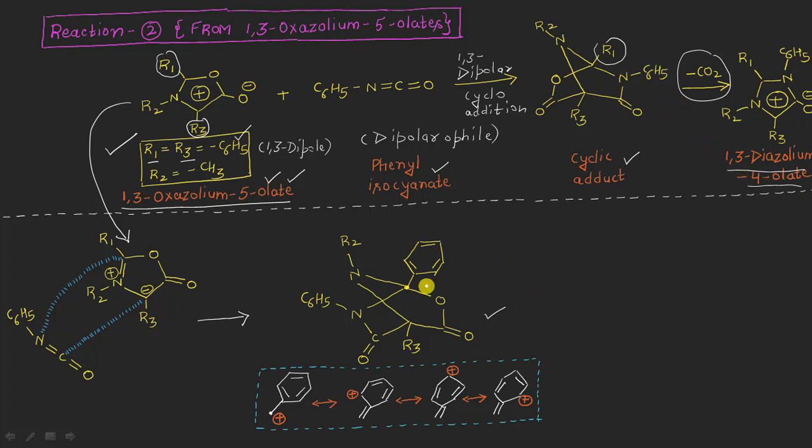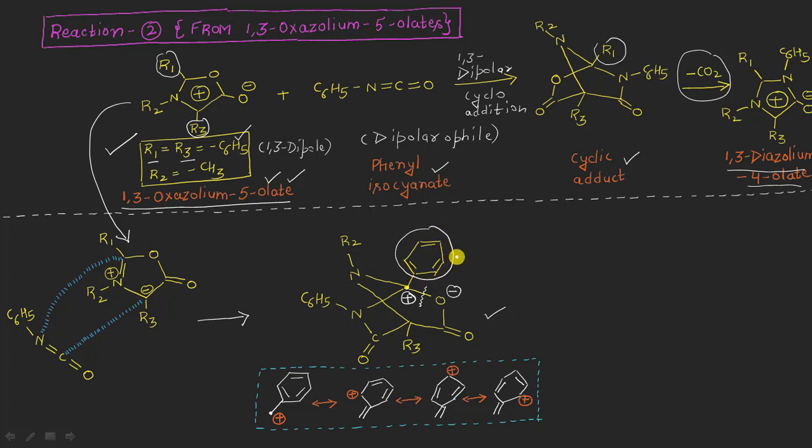The reason is that when the cleavage of this bond takes place and a negative charge comes over to this oxygen atom, the positive charge which will be present on this carbon atom will be resonance stabilized because of the presence of this phenyl group.